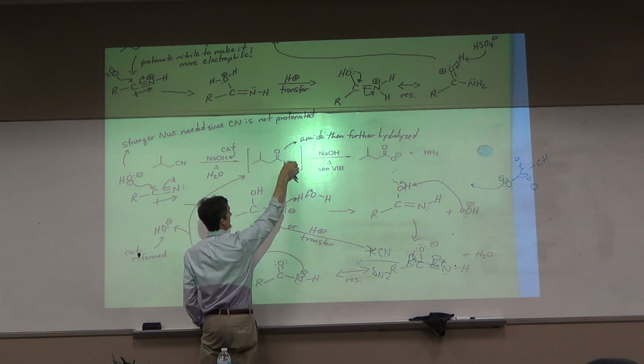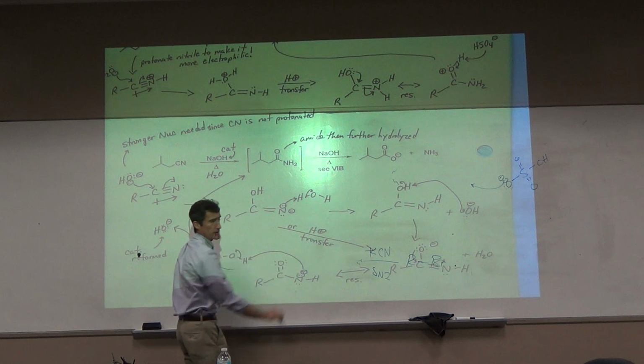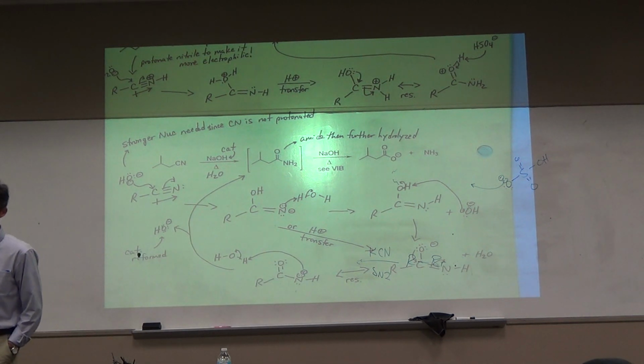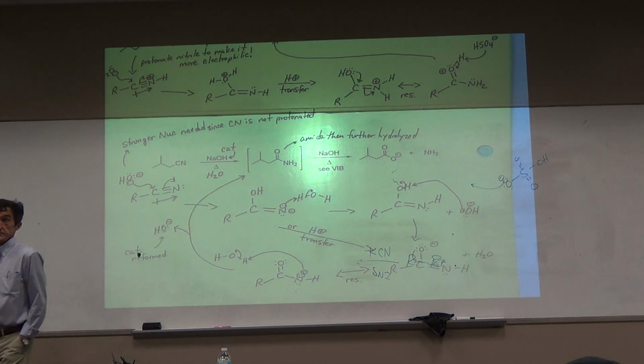We need H's on the nitrogen. Where can we get an H from? Water can serve as a proton source. Here's a common mistake I see often. I see protonation of nitrile, and then I have to say, how? How did you do that? We don't have a proton. There's no strong acid here.